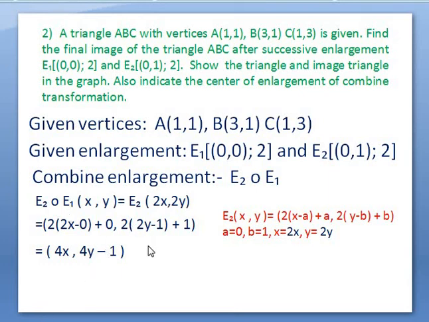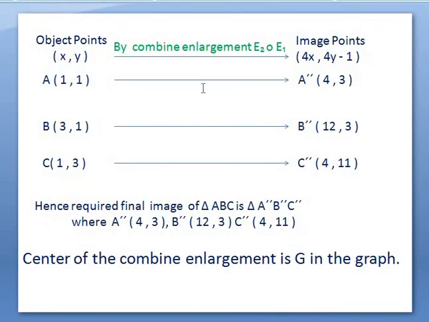Now we transform every object point under this rule. Look at the object points under the combined enlargement. This is the rule that we have just derived. So the object A(1, 1) is transformed to A double prime (4, 3), B is transformed to B double prime (12, 3).